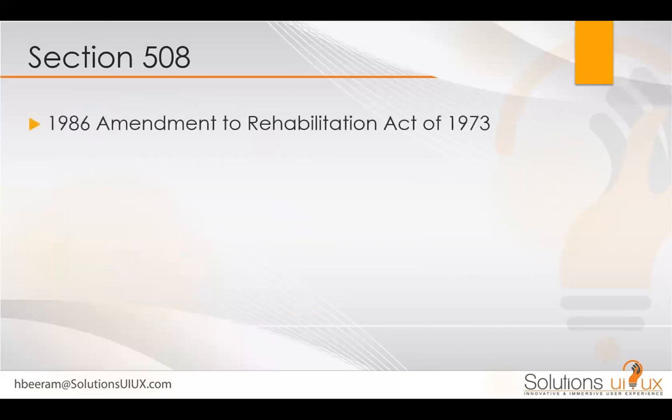So Section 508, it is part of the Americans with Disabilities Act, right? It is the 1986 amendment to the Rehabilitation Act of 1973. Until then there was not much care given to accessibility ramps, or to people with disabilities. Once there were all these challenges in courts, and there were no laws related to accessibility, there had been a good amount of effort.